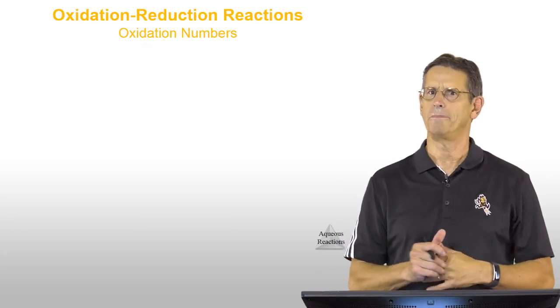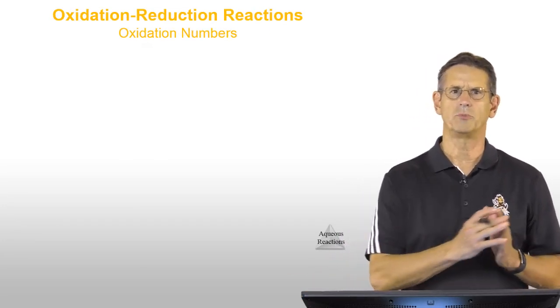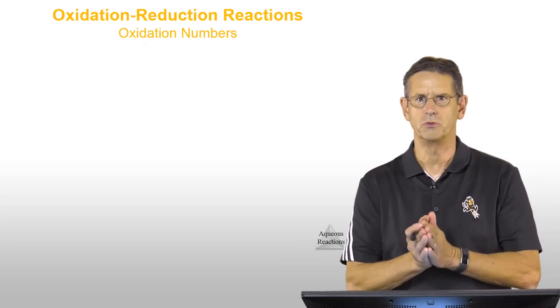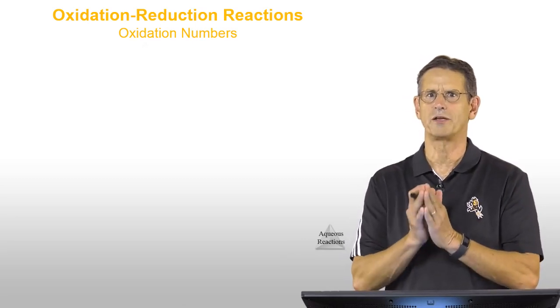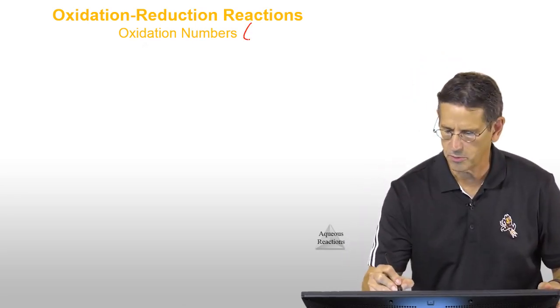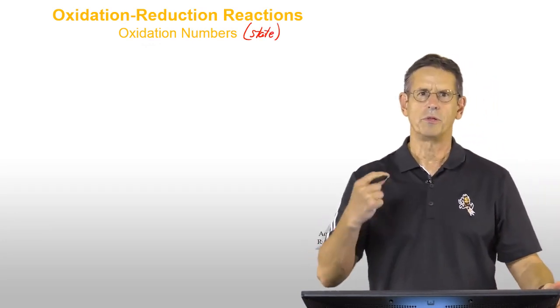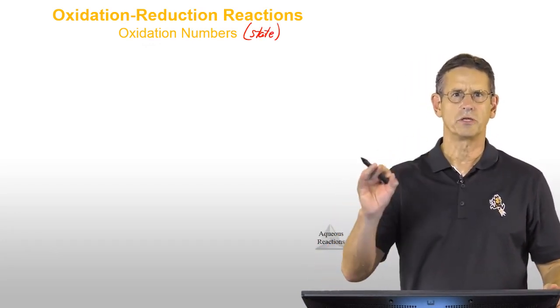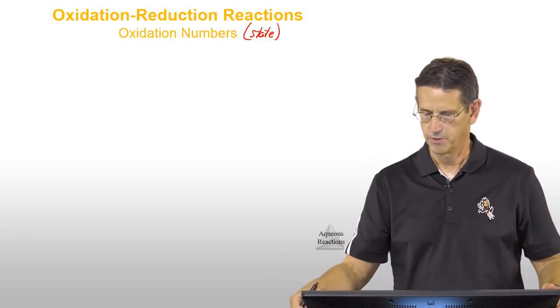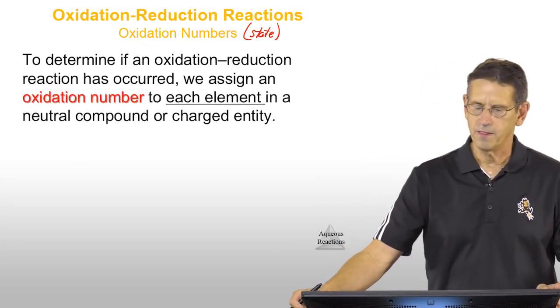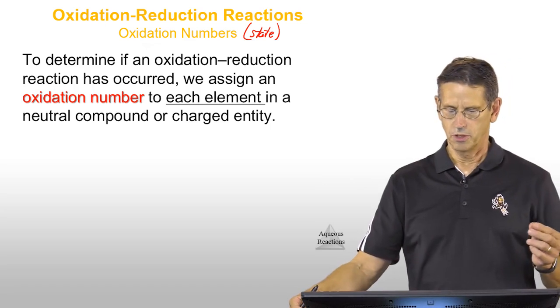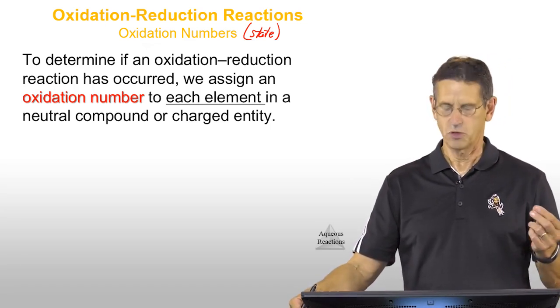So let's talk about how you determine what's being oxidized and what's being reduced. We need to teach you about oxidation numbers, also sometimes called oxidation states. This is simply the plus or minus charge on a particular, specific atom. To assign oxidation numbers, we're going to give you a set of rules.